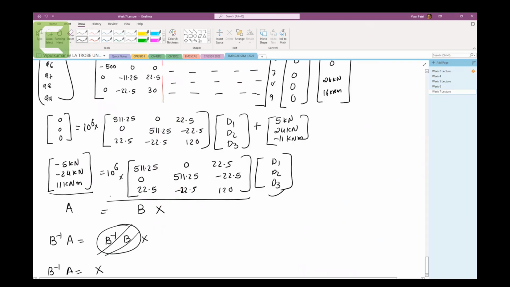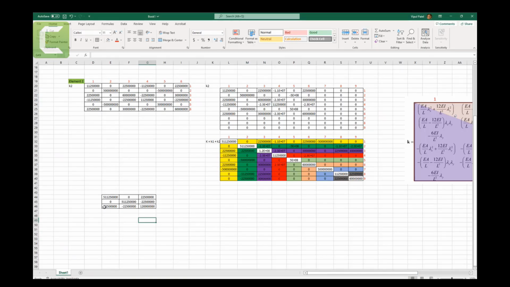So this is the B matrix, and we need to find the B inverse for these ones.